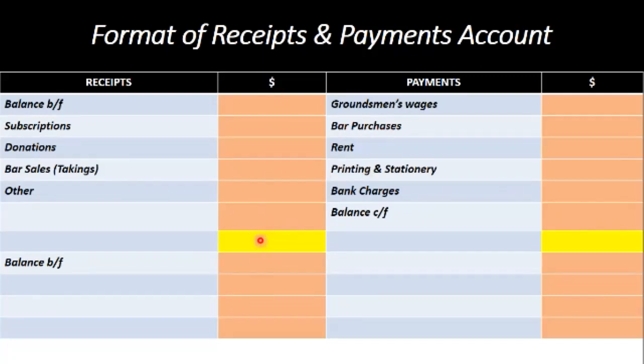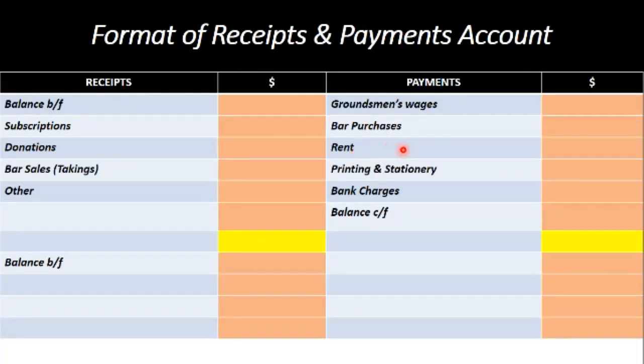From this total, you should be paying out your money here for different things. Football clubs and cricket clubs and so on have grounds that they have to pay groundmen wages to repair it. Then for the bar across here, you have to buy stock.